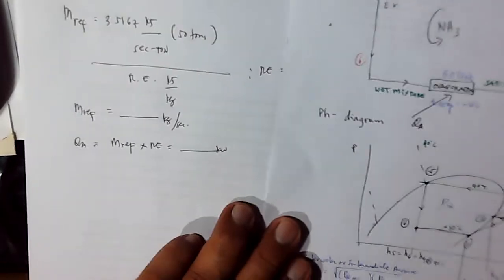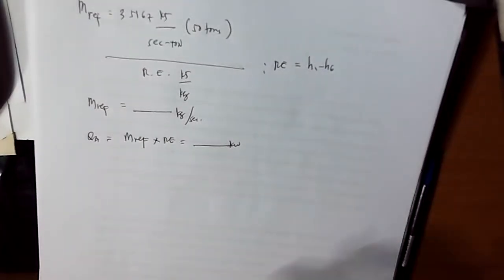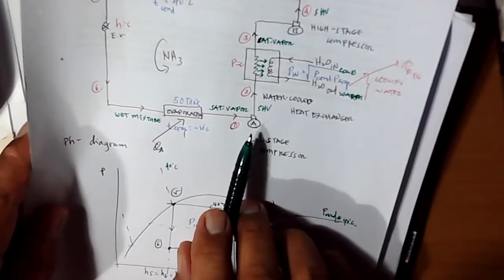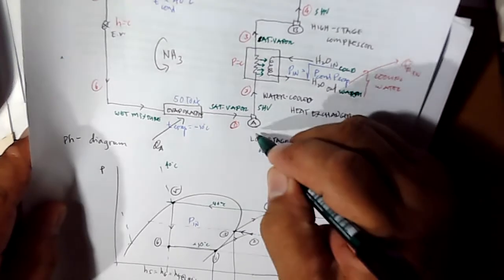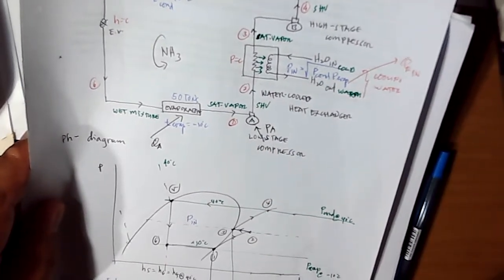Then after your QA, you can easily compute for the power of compressor A, PA.